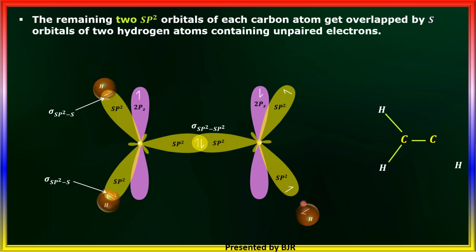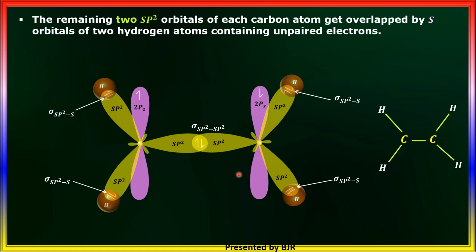Here also one hydrogen atom overlapping with sp2 orbital forming sigma bond. Here also one hydrogen atom, that is 1s orbital of hydrogen atom, is overlapping with sp2 orbital and forming one sigma sp2-s bond. So like this, bonds have been formed.